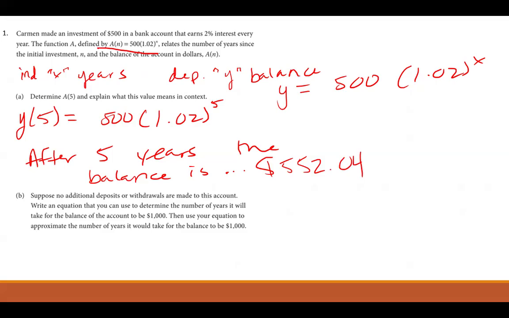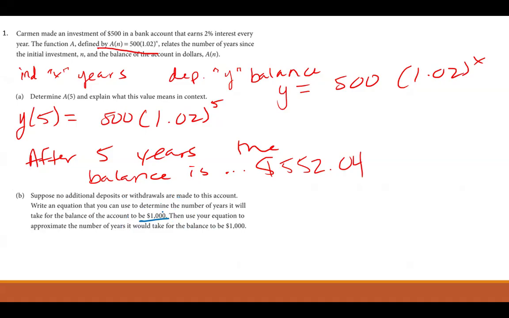All right, the next part is saying, what if I don't deposit any more money and I want to know how long will it take for me to get to $1,000? Okay, what it's now saying is that your input is now going to be your balance.